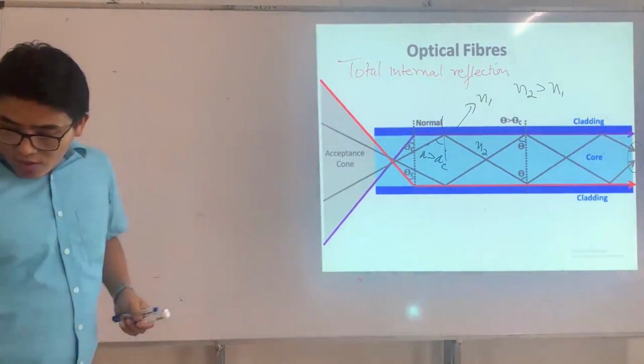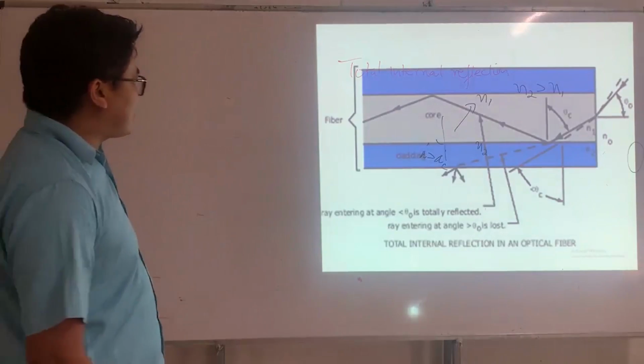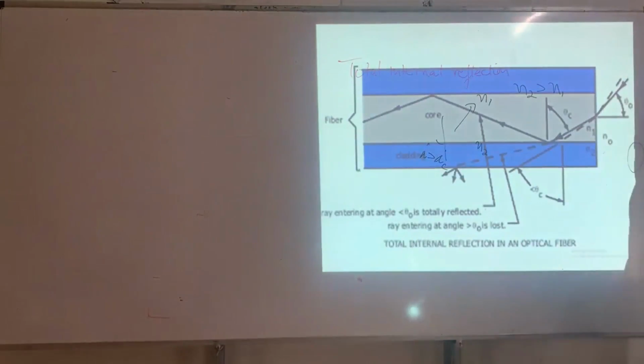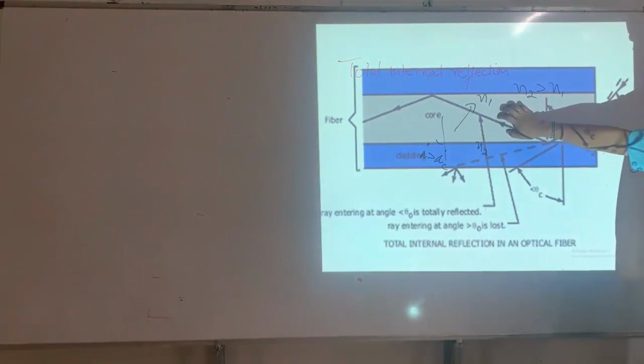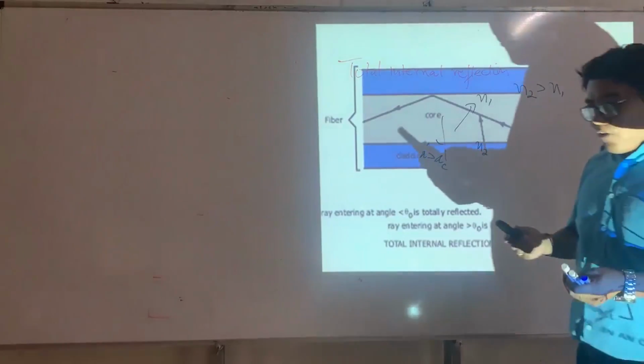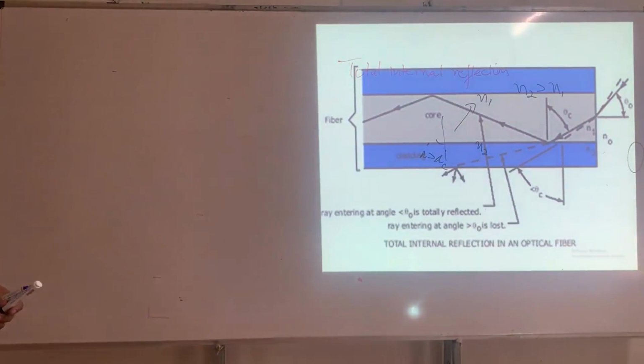So this is how light travels. This is again a diagram. This is the optical fiber, this is the cladding, this is the core. Refractive index is less here, total internal reflection takes place. So now the point is, what is the advantage of these optical fibers?